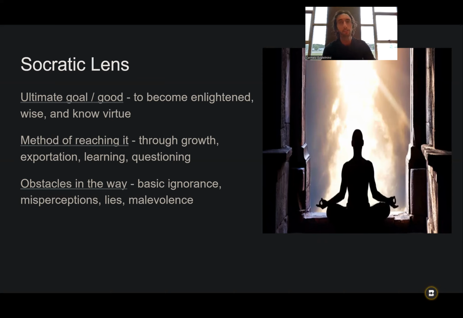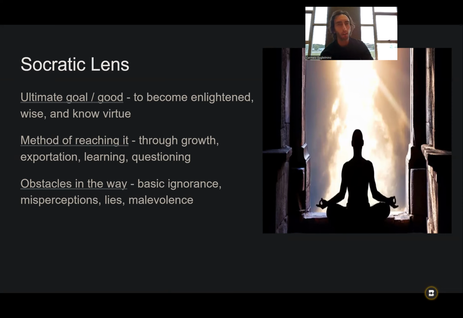If we see something in the world, we could completely misunderstand or misinterpret what is going on within it. Inherent lies is another major one. So when we see deception in a story, when we see a character weaving lies around the plot or around other characters, this is something that the Socratic lens would really focus on.